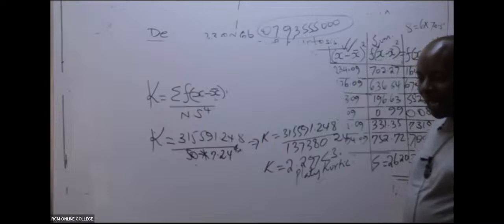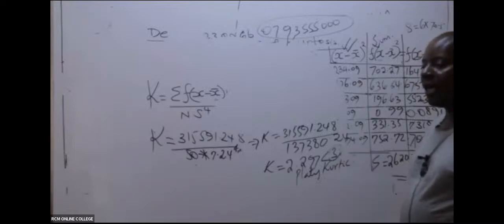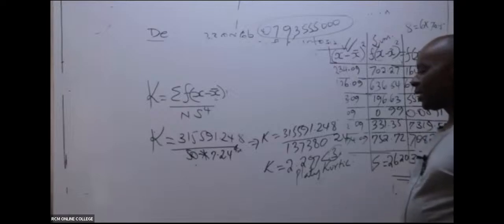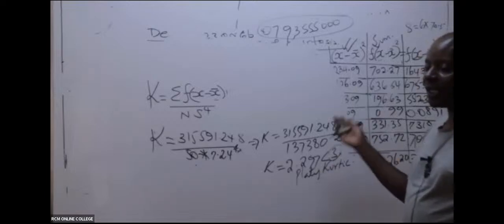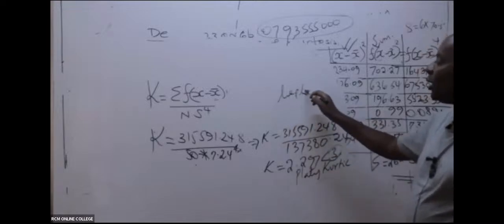So 2.297 is less than 3, and 3 is the standard, meaning it's flat. Remember, if it was more than 3, like 5 or 6, then we would have spoken about leptokurtic.